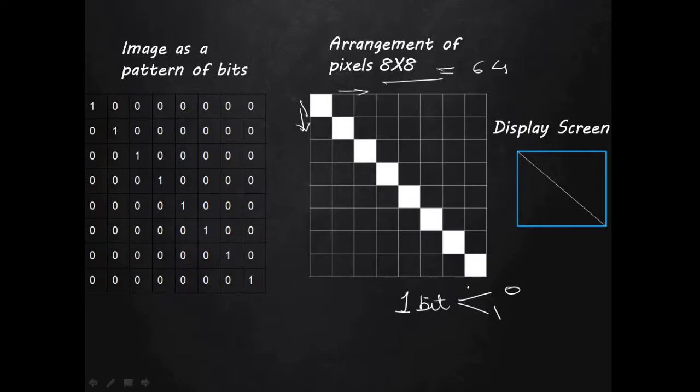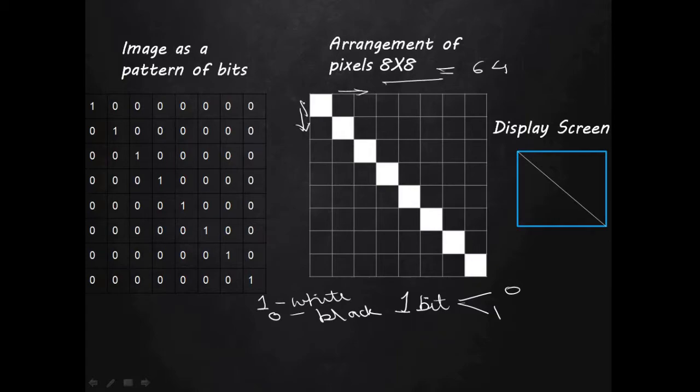Now we consider that 1 represents white and 0 represents black. In this way we can store the black and white image by storing 1 for white and 0 for black.